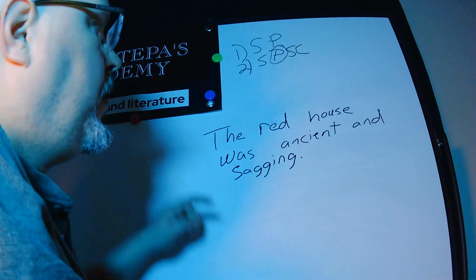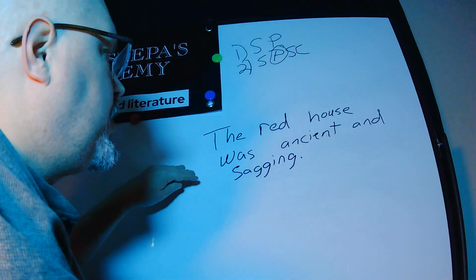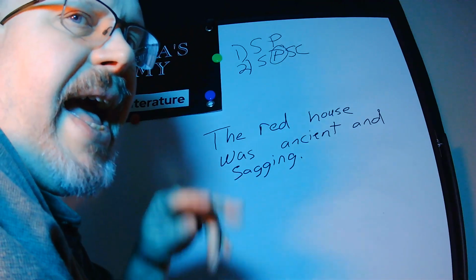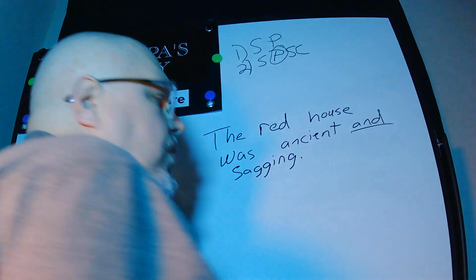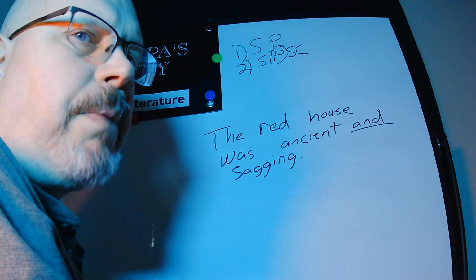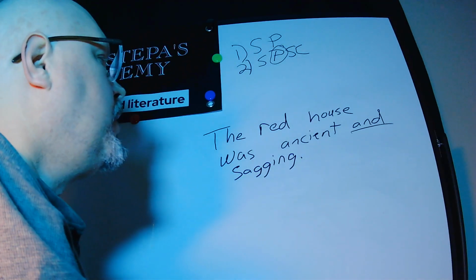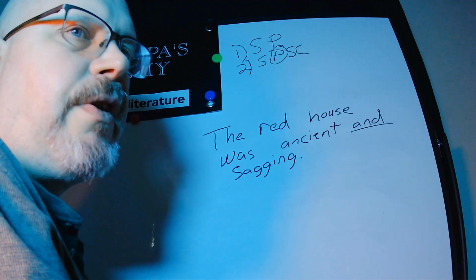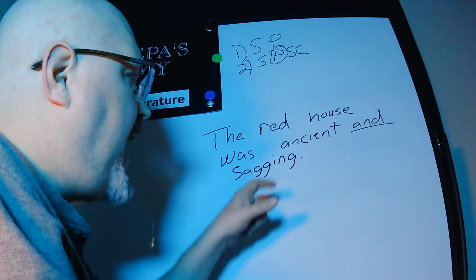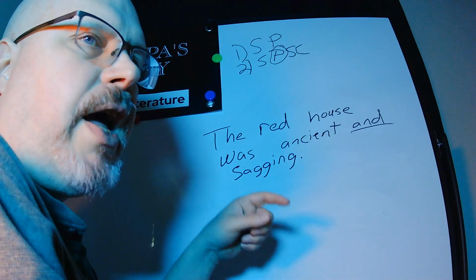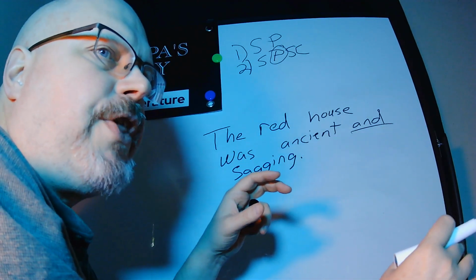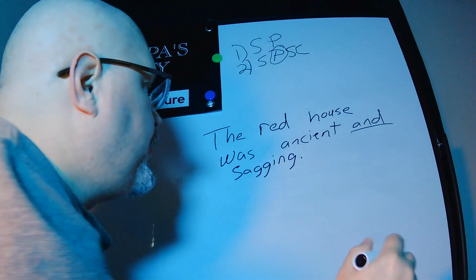All right, so we have a little bit longer sentence here, and you'll notice I added a conjunction, and I'm going to show you in a minute what you do with a conjunction. Everything needs to be on its own line. You can't just pack two words on the same line, because you're splitting everything up so that you can represent it visually.